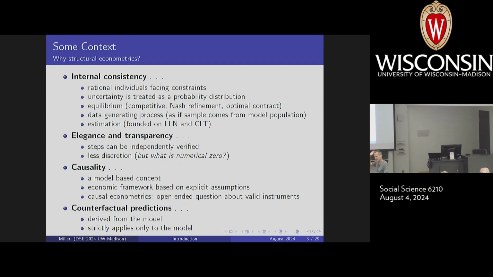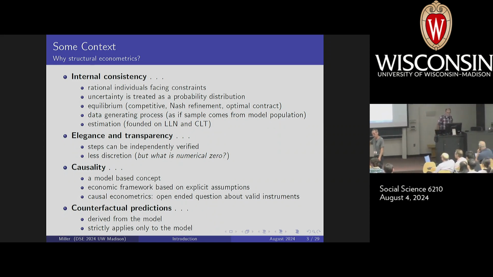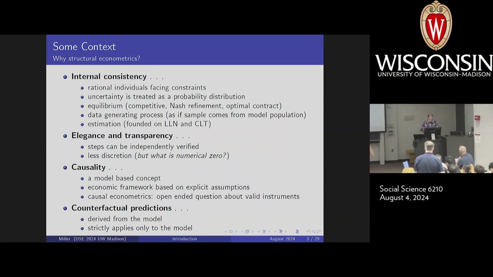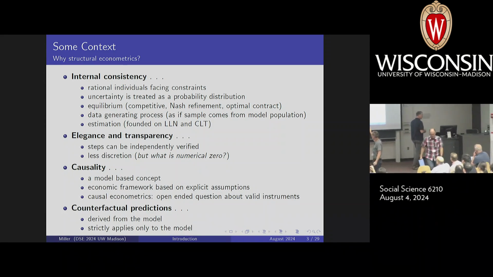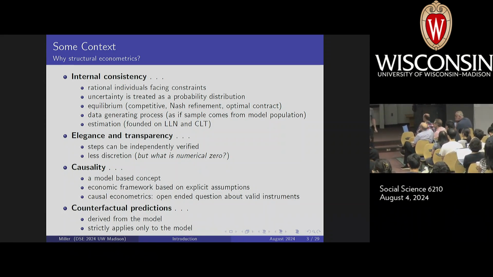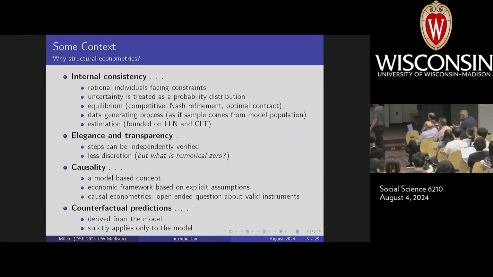The model itself gives a definition of causality. The model does. When you're doing structural econometrics, causality is something that the model gives you, okay? It's an explicit framework, it's an economic framework based on explicit assumptions, okay?